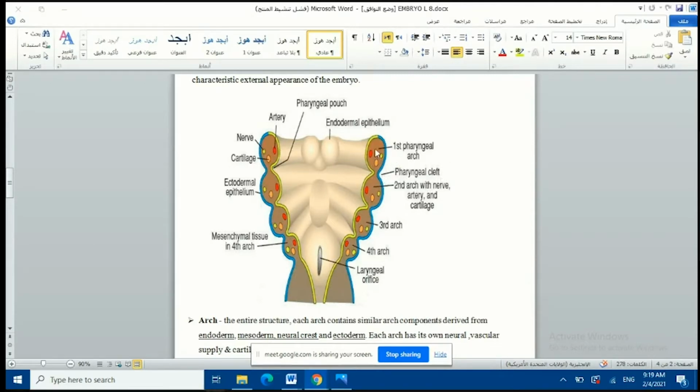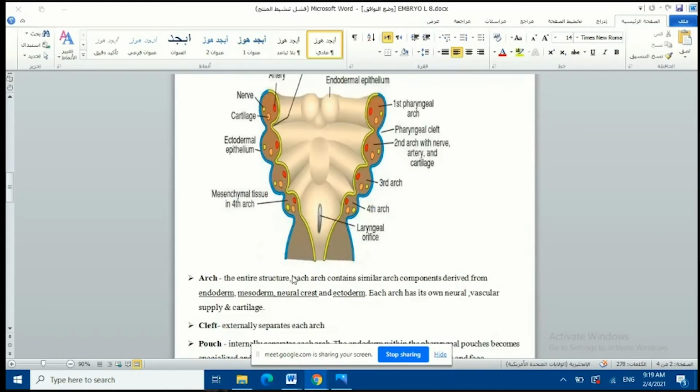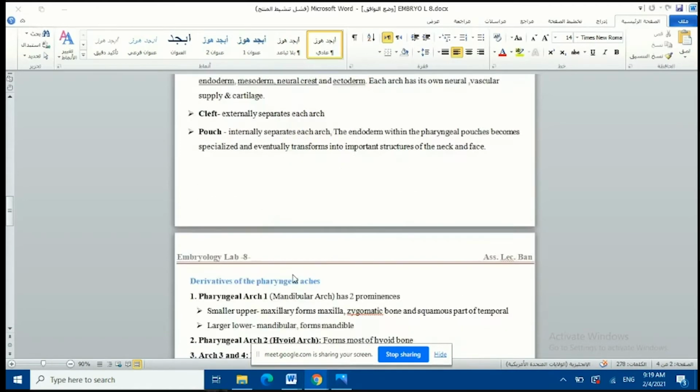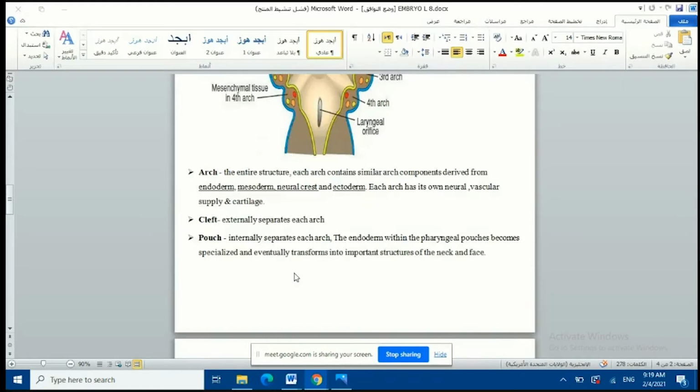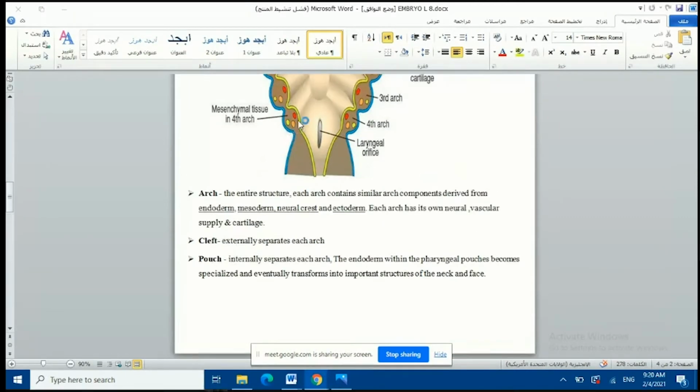Look, this is the first pharyngeal arch. This is the second one. This is the third one, fourth one. Okay, we have inside, you're gonna see. We didn't write it right here, but I will mention that the pouch internally separates each arch, and the endoderm within the pharyngeal pouch, it means from inside, becomes specialized, and eventually this will all form the structures in the neck and face, as I said for the clefts.